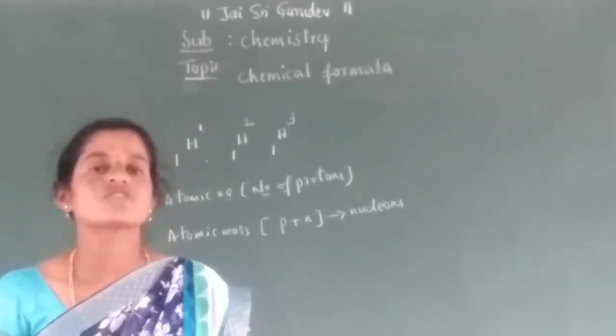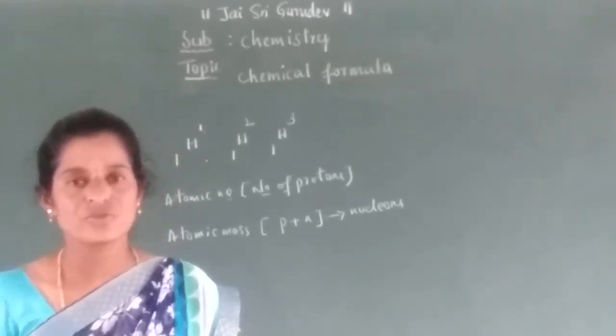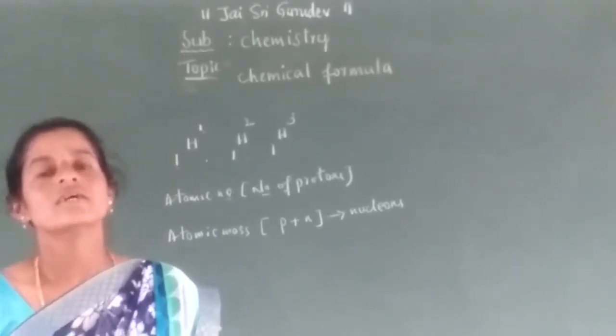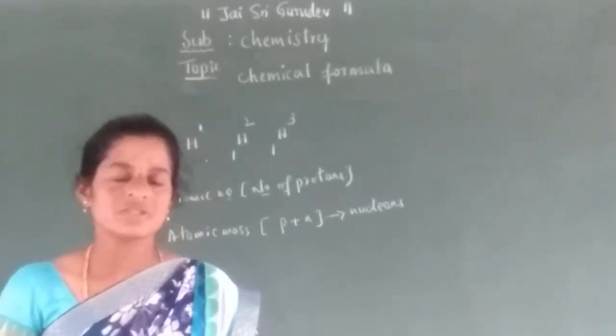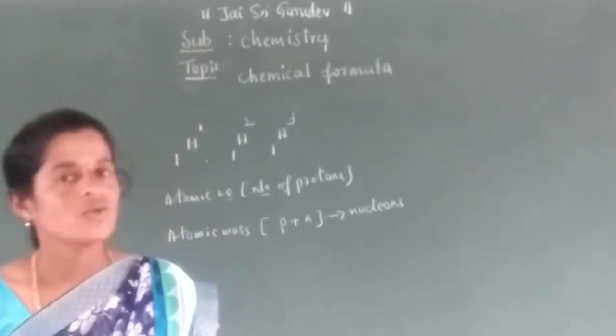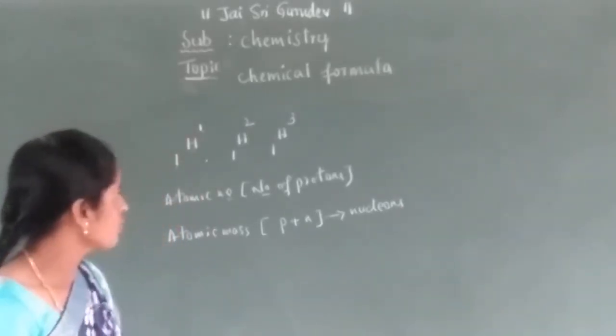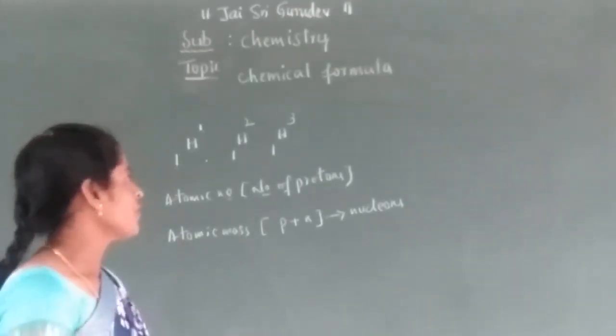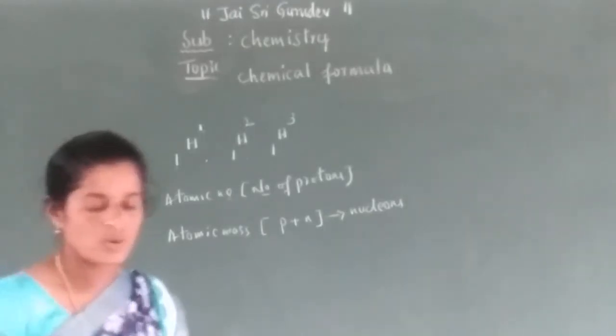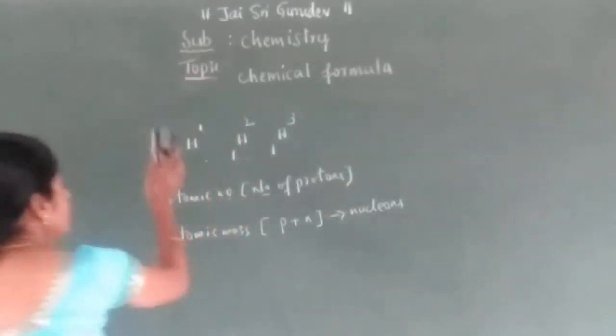And one more, isotopes of carbon, especially carbon-14 dating, used in the estimation of the age of archaeological specimens. Like that we have different kinds of isotopes with their applications. After isotopes, the next very important concept is the chemical formula.